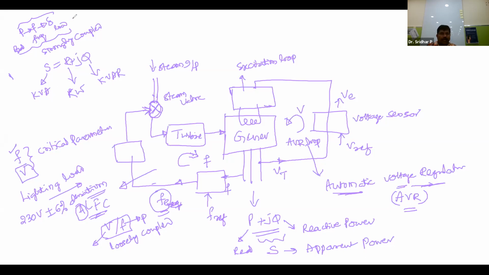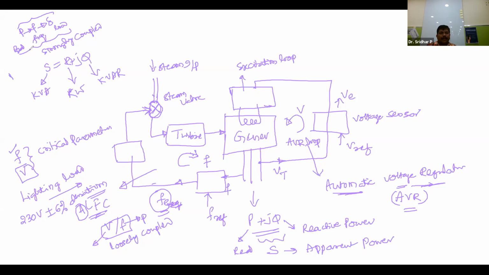Again I'm repeating: real power, frequency, and the load angle are strongly coupled. What do we mean by coupling? Even for a small deviation in the load, real power changes, and for a small deviation in real power, frequency also changes. These three parameters are highly sensitive with respect to each other. If load changes, immediately real power changes, then immediately frequency also changes.